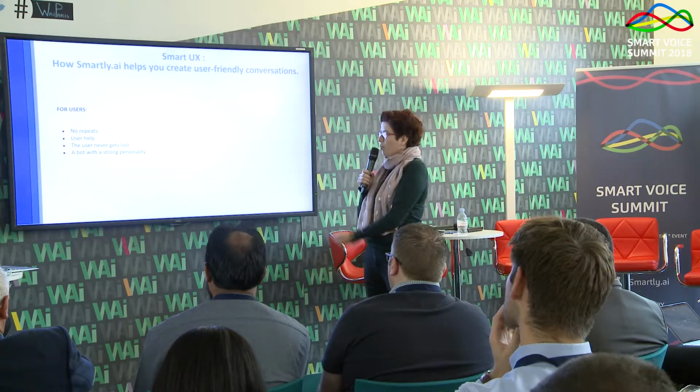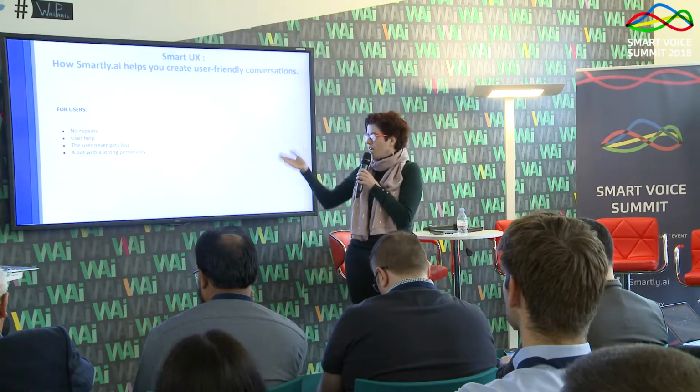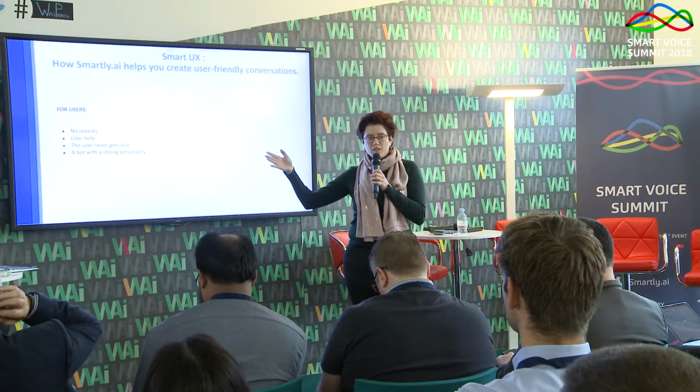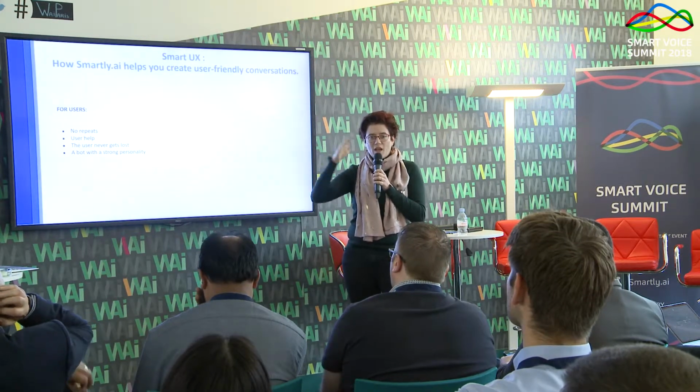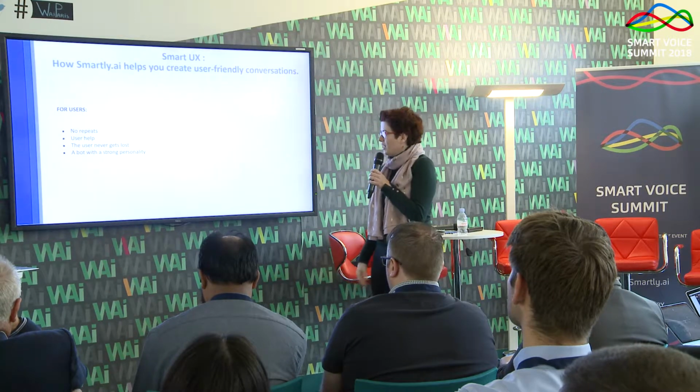He will get help when he needs it, because Smartly allows you to put independent nodes into your design, and specifically a help node with the right reprompts, so you can interrupt your bot and say, help, I don't get it. The user never gets lost, because we design from the get-go with a flow chart, with a flow diagram, so everything is programmed to go very smoothly.